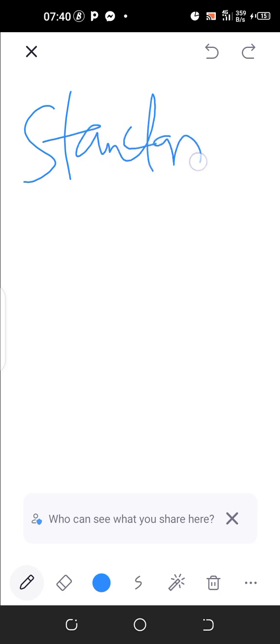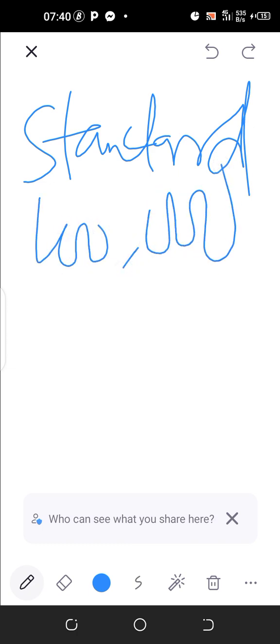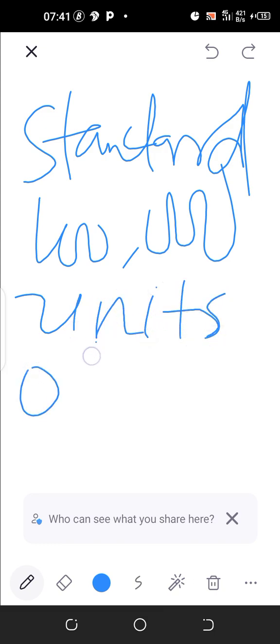Then we have the standard lot, like what we just read. It is equal to 100,000 units of a base currency.